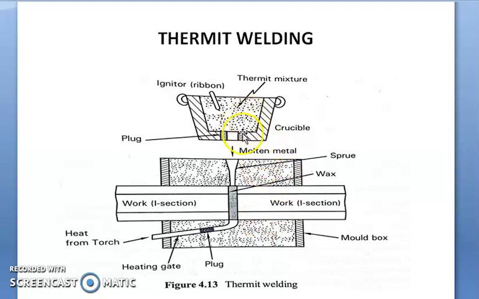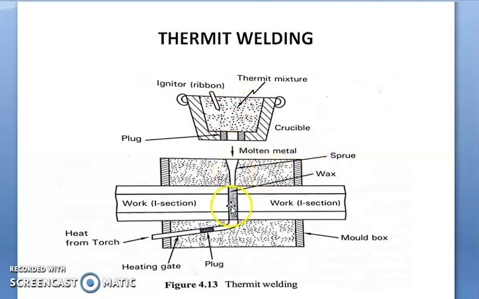Initially, to prepare the thermit mixture, we use iron oxide and aluminum powder. Ignite this mixture, then heat is generated here. From this plug, that mixture comes and enters through a gate.